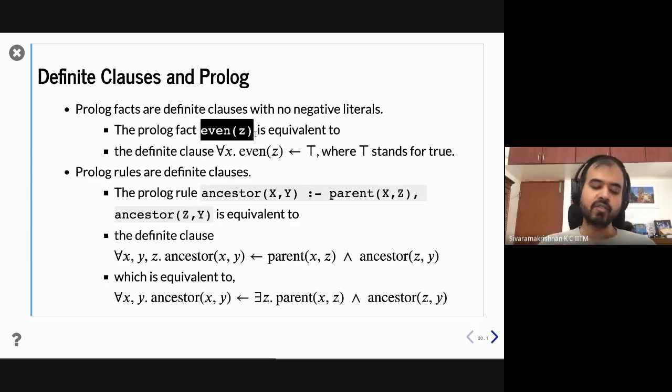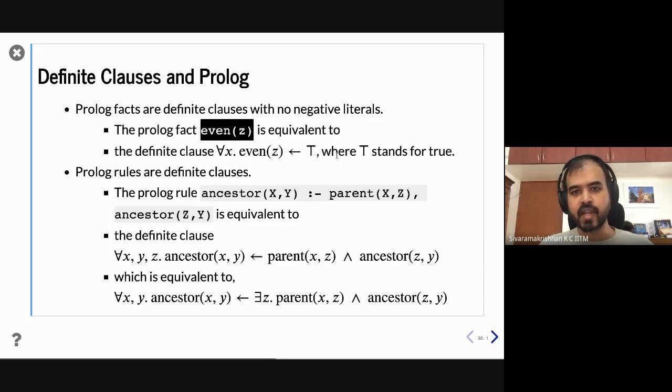So we say 0 is even. This is a fact that you can load into the Prolog interpreter. And the equivalent definite clause is you have a for all quantifier on the outside on some free variable that does not occur on the right hand side. It's just for satisfying the structural property. For all x, where x is not used here, even of z is implied by true.